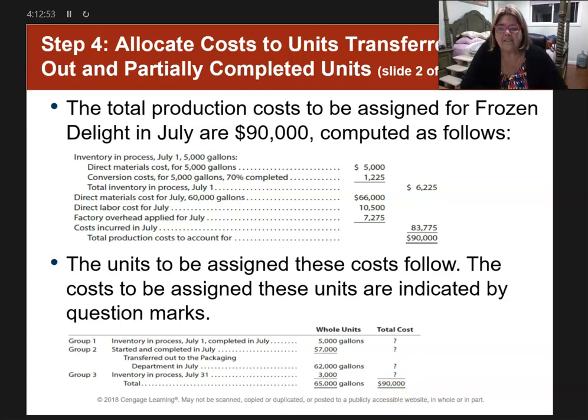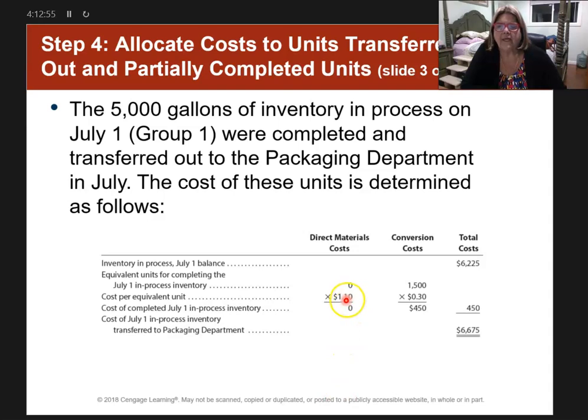So what I'm going to take is those numbers that we calculated in step 3 and multiply them. And we're going to do each group separately. So this is only group 1. This is beginning inventory. My direct materials cost per unit was $1.10, but my EUP was 0 quantity for direct materials. So that's 0.